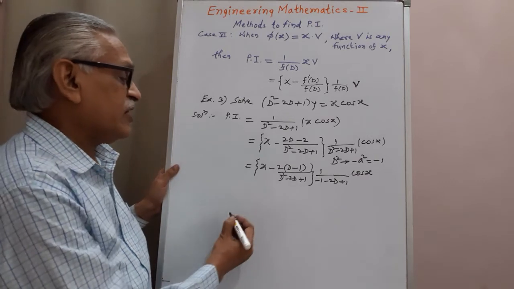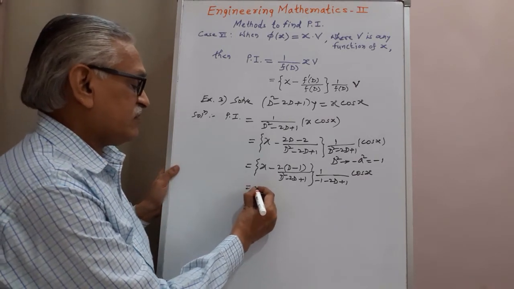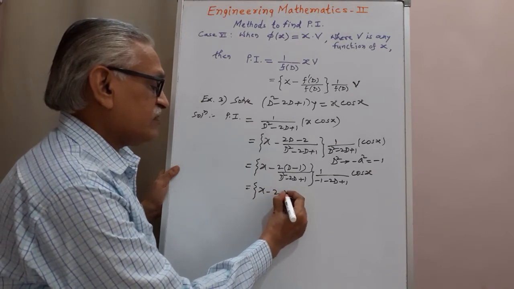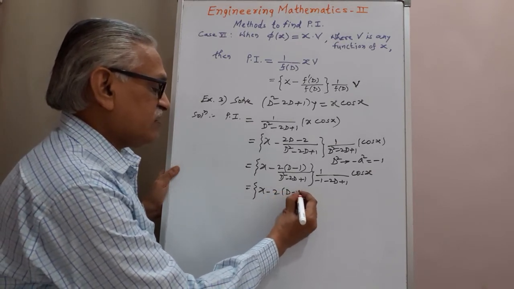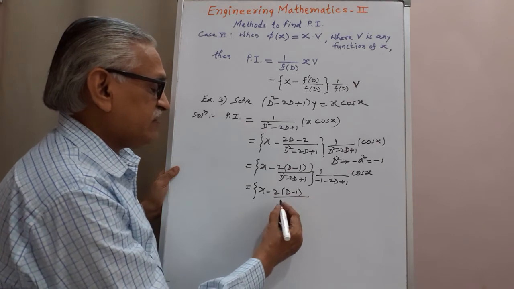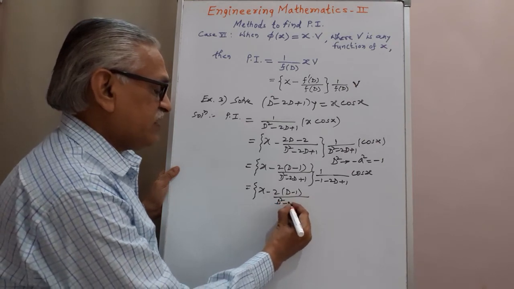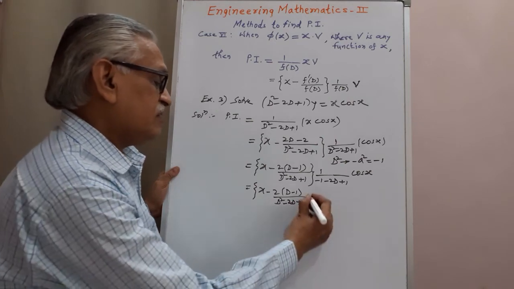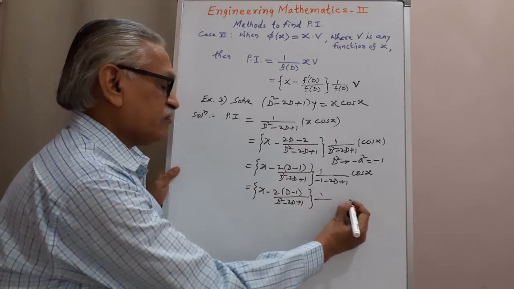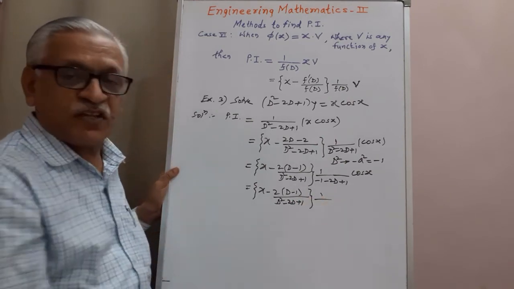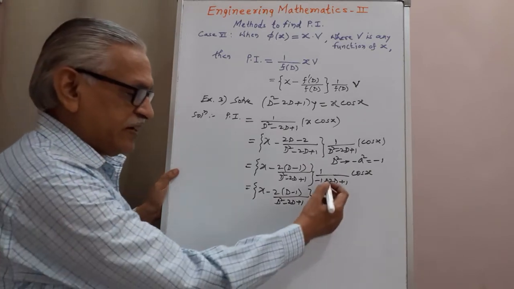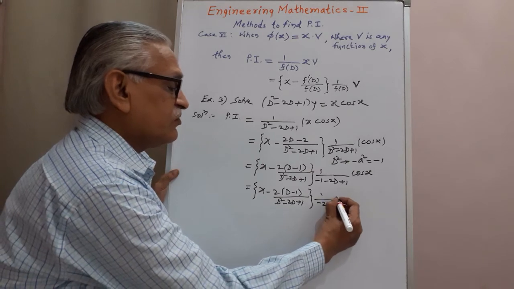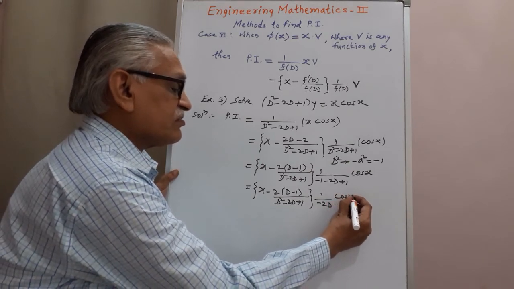Okay, and therefore it is x minus 2 times D minus 1 divided by D square minus 2D plus 1, bracket close, 1 upon, plus 1 minus 1 get cancelled, remaining minus 2D only, which we have to operate on cos x.